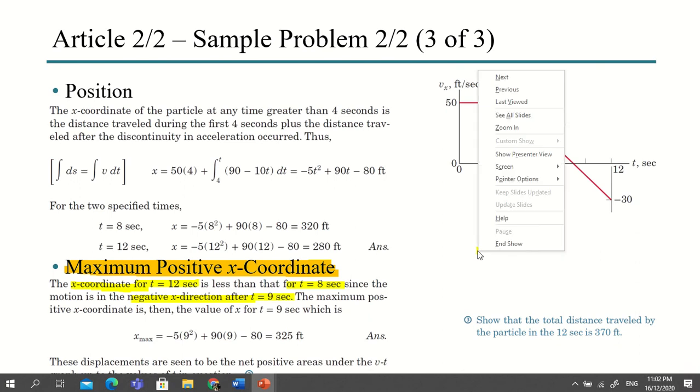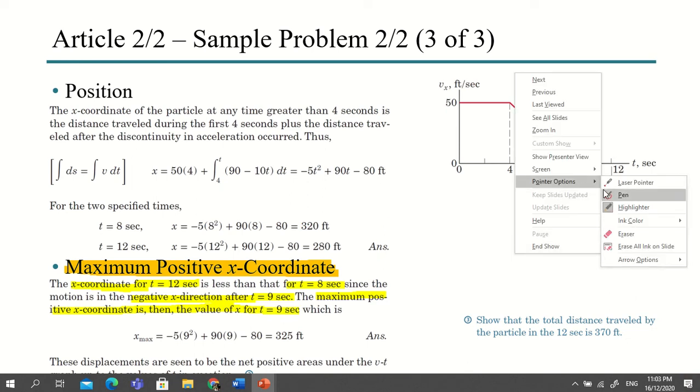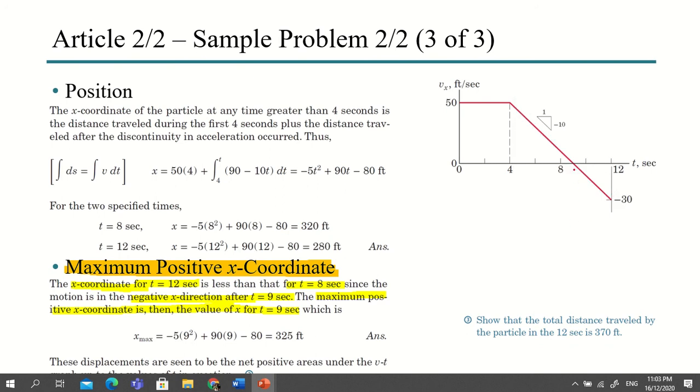So therefore we can say that the maximum positive x coordinate is the value of x for t equal to 9 seconds. So from our graph, this is 9 seconds here, this is 10 seconds here, and then this is 11 seconds here.